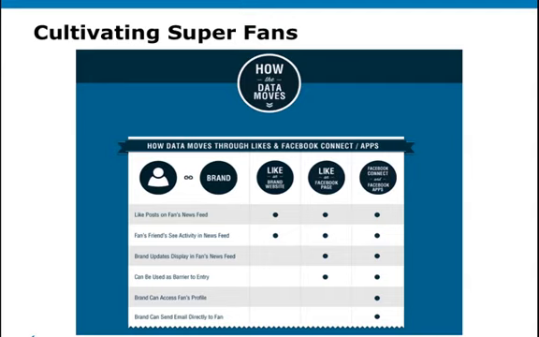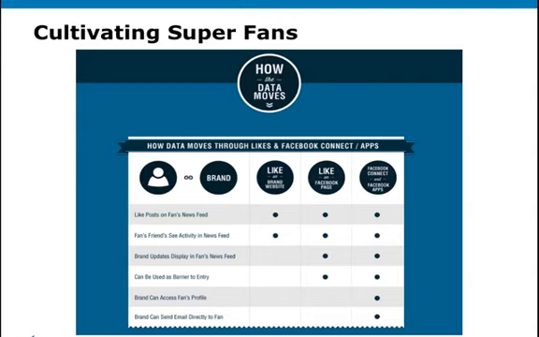When looking at the different levers that go towards this, you can see here that we have liking on your website. So if you have a like button, hopefully set up on your company website, they can like you on your Facebook page. Or the most powerful way to connect with you is using Facebook Connect, which is utilized by many of the apps we're going to talk about today.